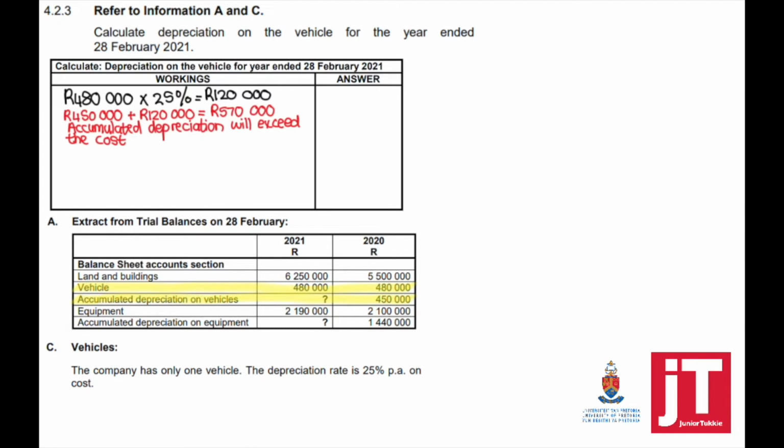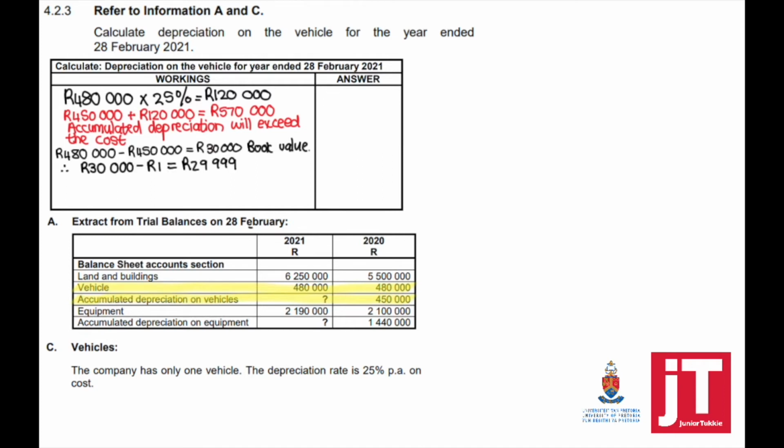You need to check if you add the depreciation to the accumulated depreciation. My new accumulated depreciation is 570,000, which means this will now be more than the cost, which means that your carrying value will be a negative, and you can never have a zero or a negative.